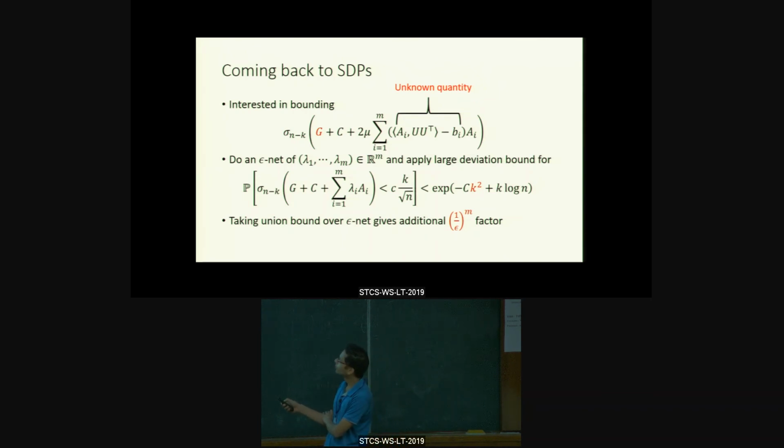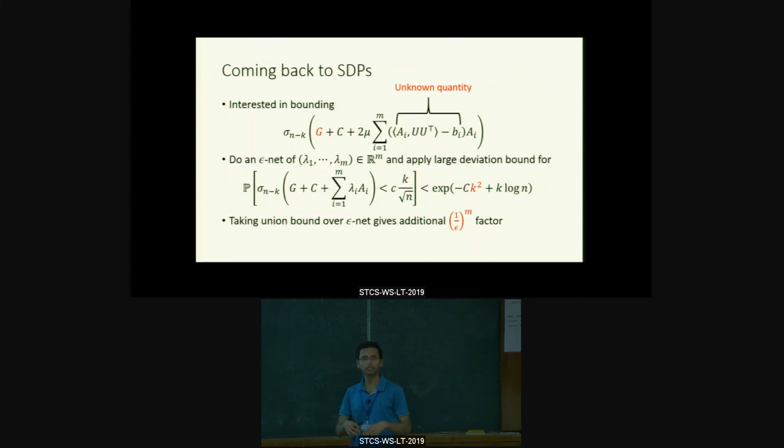Because we don't have any control over this, we end up having to do an epsilon net. So if you consider this entire coefficient to be a lambda i, then we do an epsilon net over this m dimensional space because there are m of these, one for each constraint. And when you do an epsilon net and apply the concentration inequality for each value of lambda i, when you take a union bound, you get an additional factor of 1 over epsilon to the m, right?